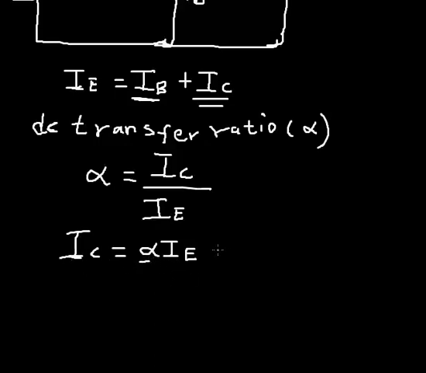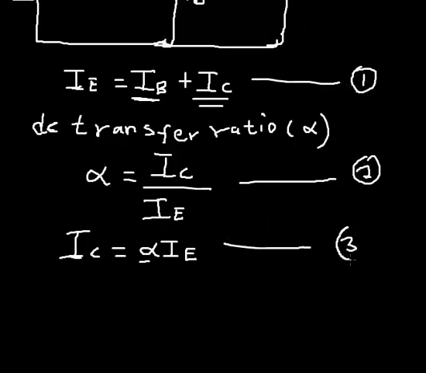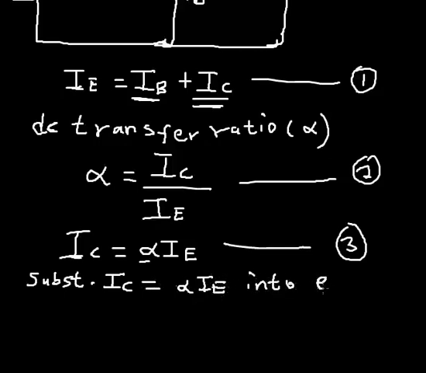So let me call this equation 1, this equation 2, and this equation 3. I'm going to generate an equation. Knowing that IC is equal to alpha IE, I'm going to look at the relationship, so I'm going to substitute that into equation 1. Substitute the collector current IC being equal to alpha IE into equation 1.